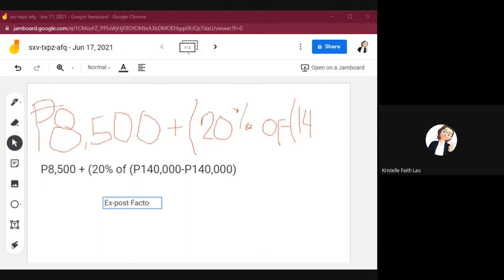So katong property nga ilahang makita na gi-embargo, pag na-auction nila, if naay mapalit, katong kwarta na malikom nila ilang gamiton for the expenditures. Then imposed for the purpose of raising revenue.